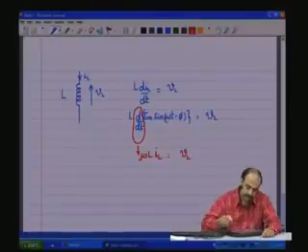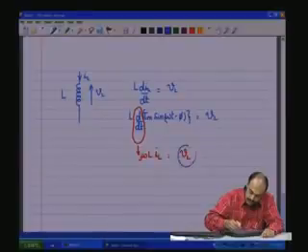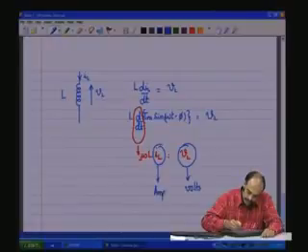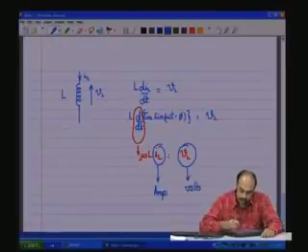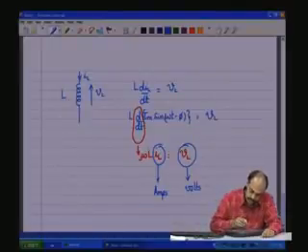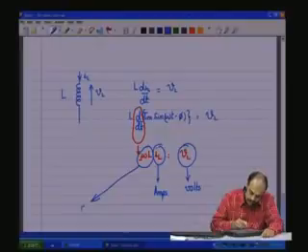Here, the voltage VL has units of volts, and the current has units of amps. So, volts will be amps into ohms, and therefore this factor should have a unit of ohms.